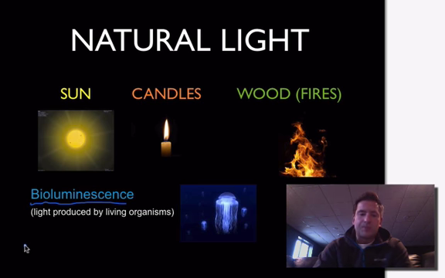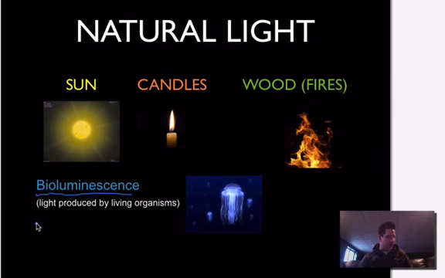Now just remember that if something is luminous, it emits light or it produces light, and if it's non-luminous, then it's not going to produce light. So we'll just take a quick look at that.